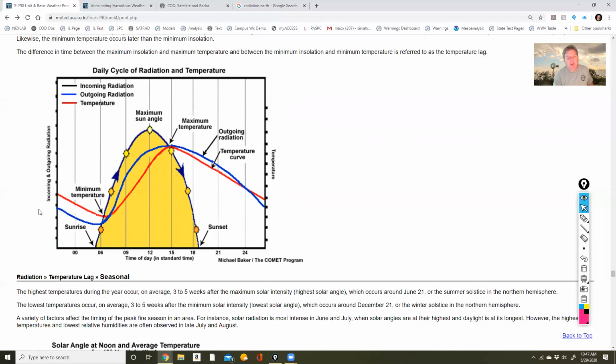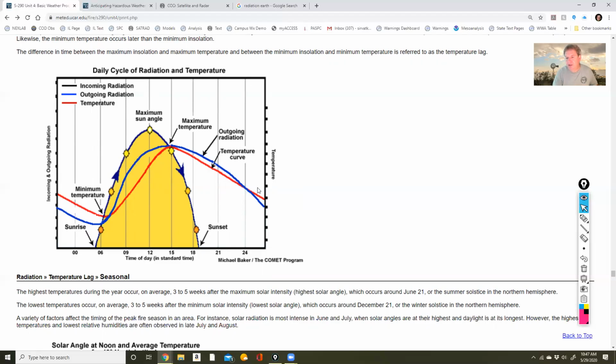But this light blue line is the outgoing radiation. Now the cooler something is, the less radiation it sends out. So when it's coolest, it gets less radiation going out. When it's warmest, it has the maximum outgoing radiation. I think that should make sense. But the question is, when is the warmest time of the day?